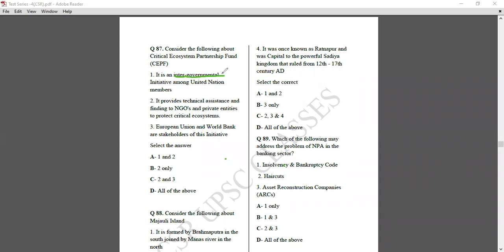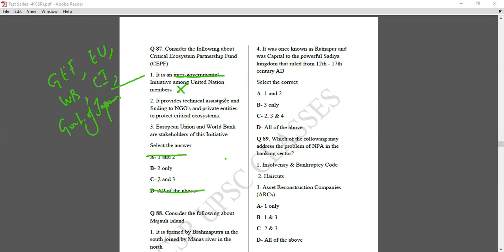It is an initiative of the Global Environment Facility, European Union, World Bank, Conservation International, and the Government of Japan. It has nothing to do with United Nations members. It is wrong. So 1 is wrong. So from here you can know that 2 is correct.